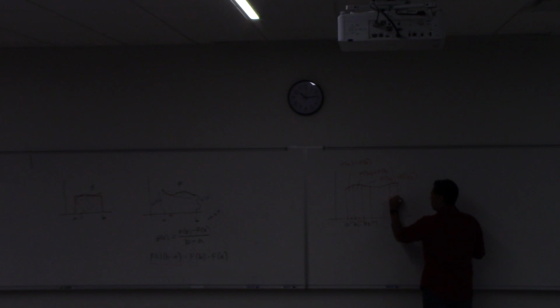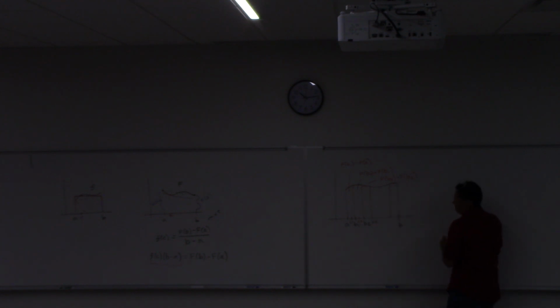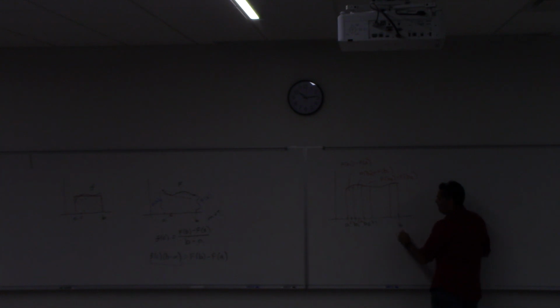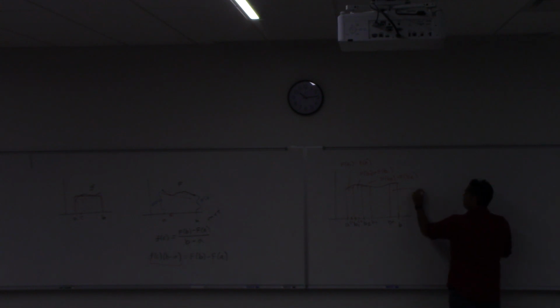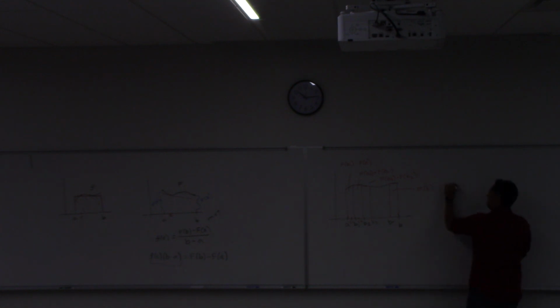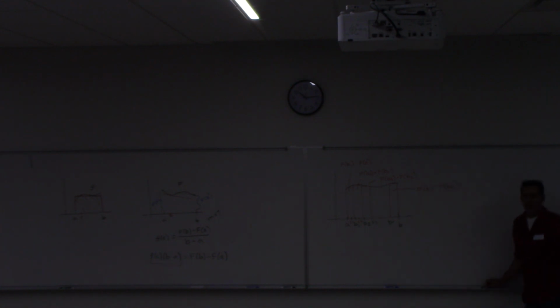The last rectangle, I don't know how many I have, do I? I don't know how many I have, but let's just call this one B sub n. However many it is, right? So what would the area of this last rectangle be? Capital F of B minus capital F of B sub n. Right. Okay. I hope you're following me.